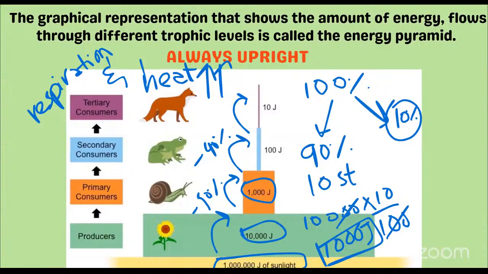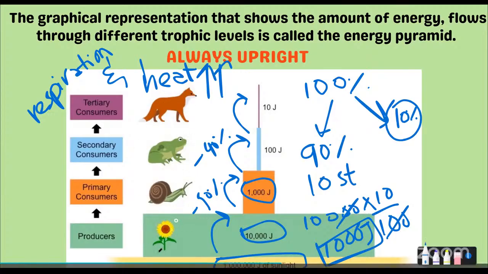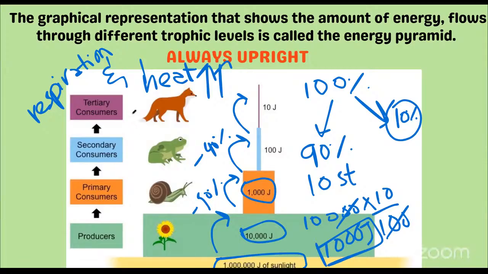Now, you tell me, if I have to get more energy by consuming any of these organisms that you can see in this food chain, what am I supposed to consume if I want a lot of energy? What organism am I supposed to consume? Green plants, I said according to this food chain.